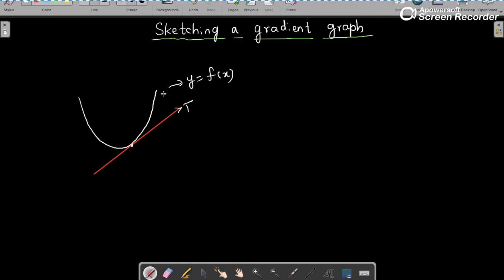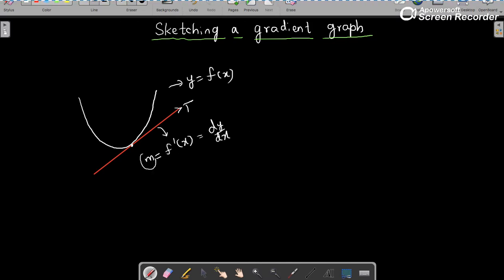So the gradient of y is equal to f of x is the gradient of the tangent, the slope. So this is how f dash x or dy by dx is understood geometrically.